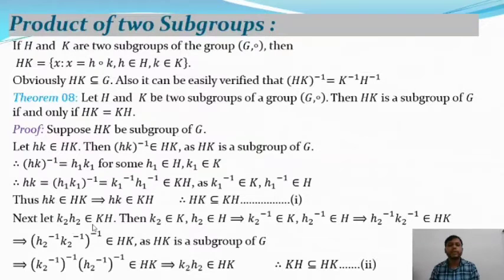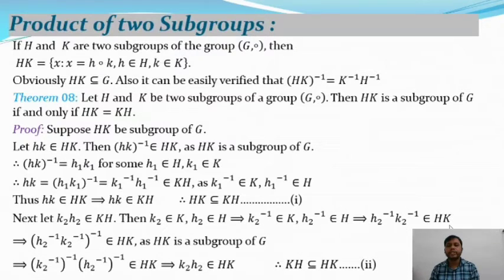That means k2 belongs to K and h2 belongs to H. You know that H and K are both subgroups of G under composition, so they satisfy the inverse property. So k2 inverse belongs to K and h2 inverse belongs to H. That means h2 inverse k2 inverse also belongs to HK.